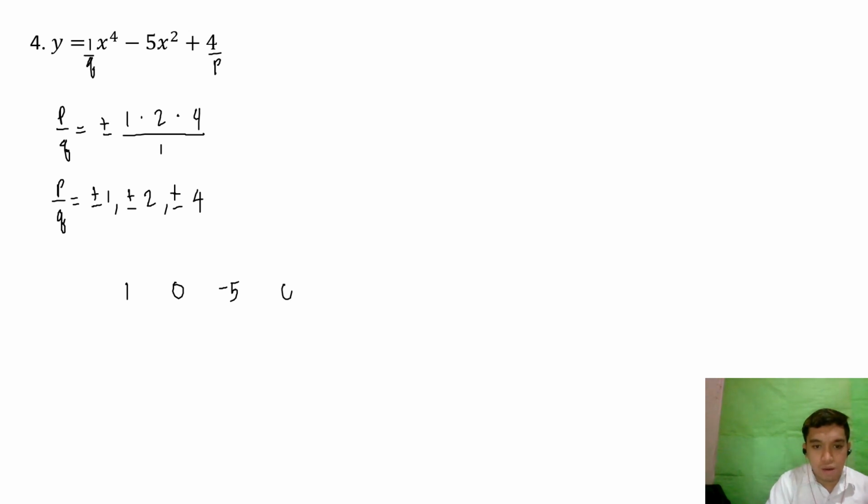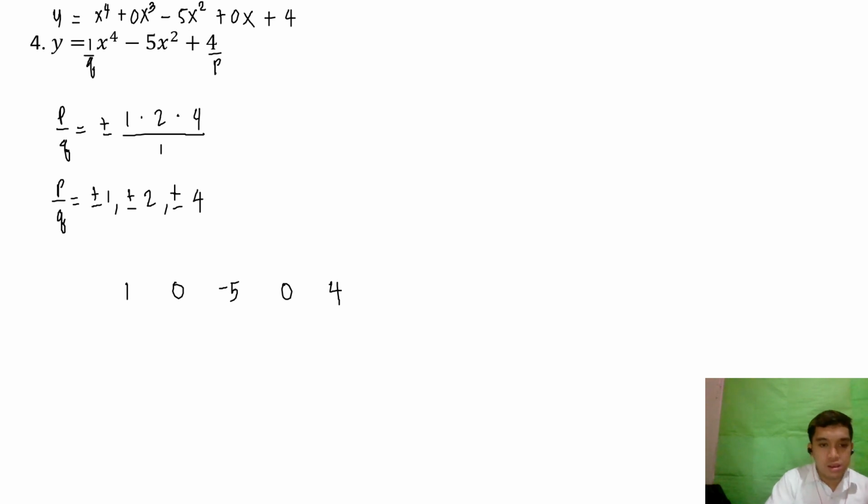So another 0 ulit, then the last one is 4. So ang mangyayari class, magiging ganito siya. Y equals x raised to 4 plus 0x cubed minus 5x squared plus 0x plus 4.